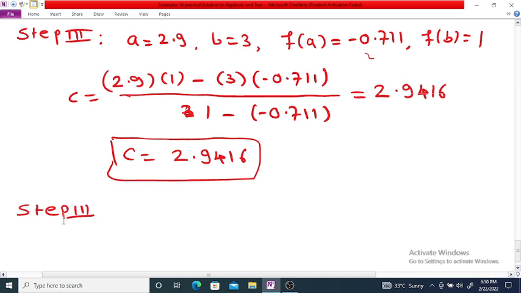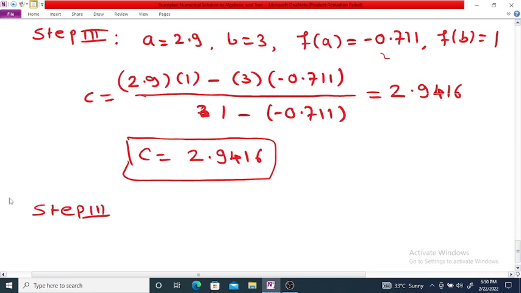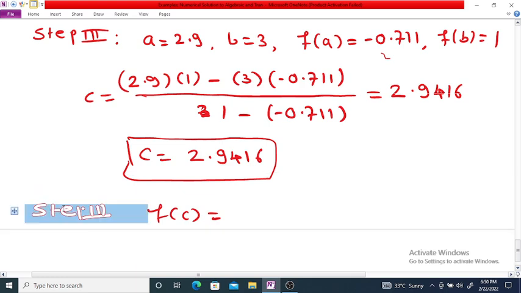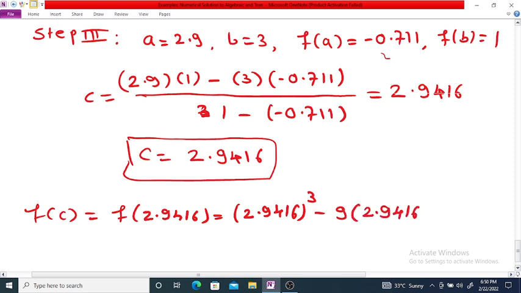So for that we want to determine f of c, which is f of 2.9416, where f of x is x cube minus 9x plus 1.